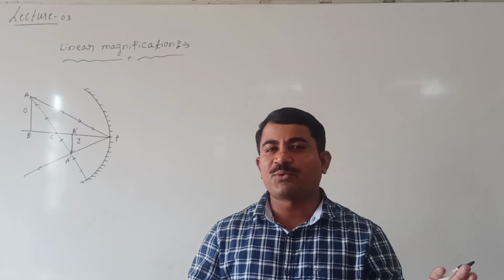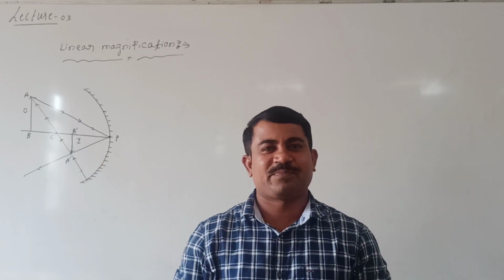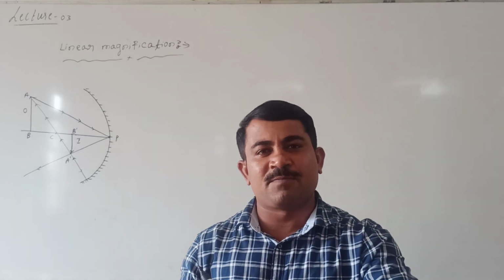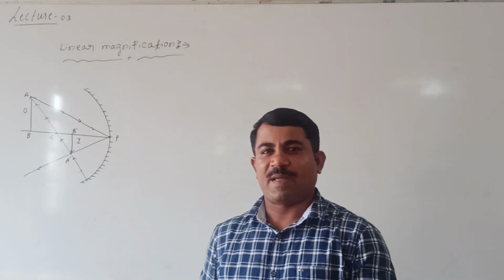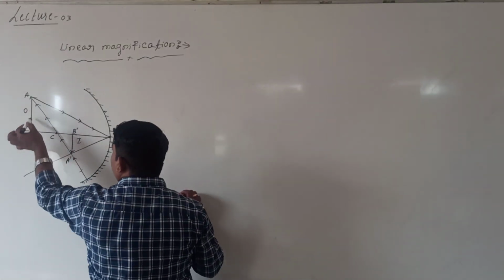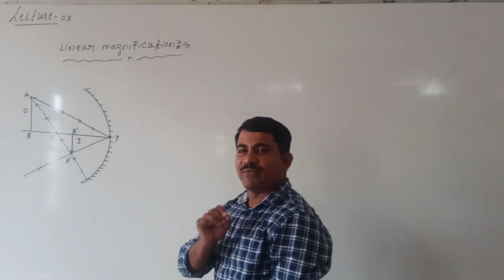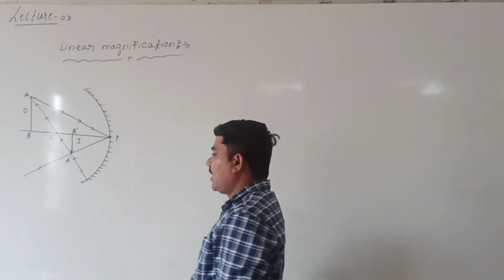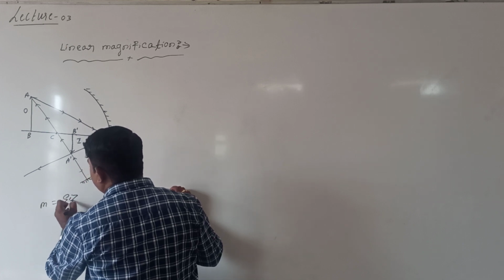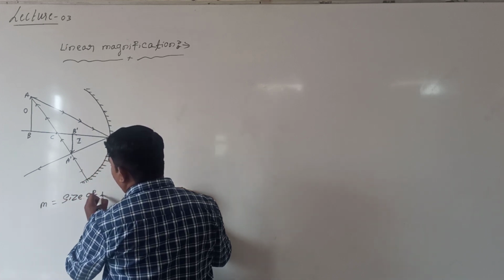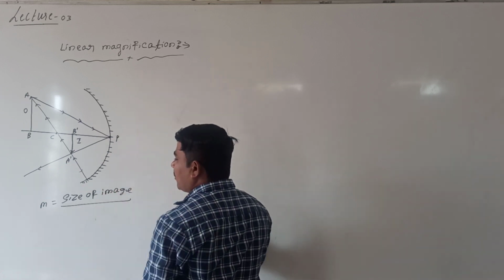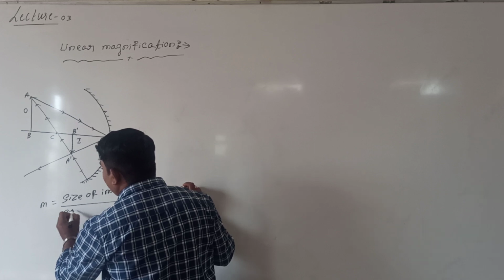The question is how to define linear magnification. Linear magnification is the ratio of the size of the image to the size of the object. Simply, size of image or height of image divided by size of object.